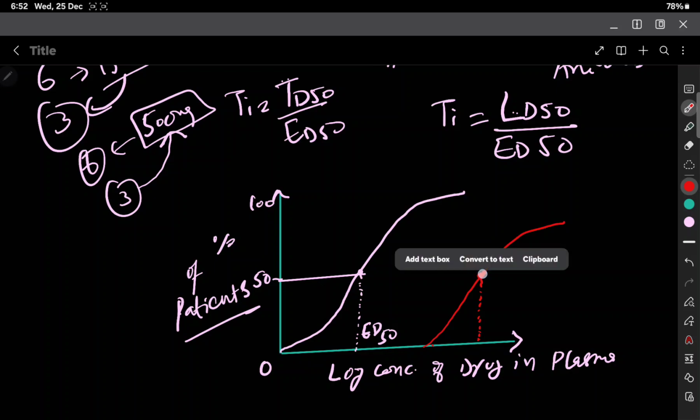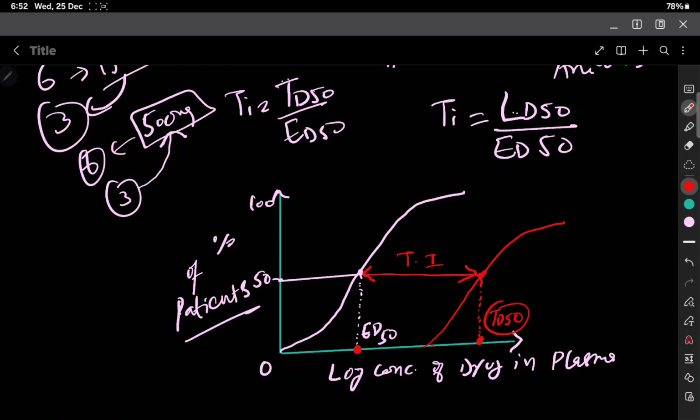So this here is the toxic dose, and this here I can write as TD50. So this point is the TD50, and this is the ED50. Okay, so the distance between them, this distance, is called the therapeutic index.